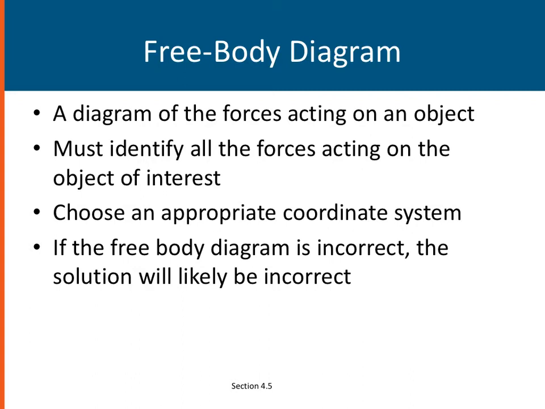We want to choose an appropriate coordinate system, one that helps us out, typically one that has the origin at the center of the object, with all of our horizontal components aligned on the x-axis and the vertical components aligned on the y. If the free body diagram is incorrect, the solution will likely also be incorrect.